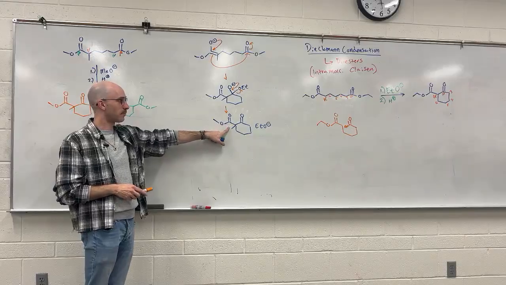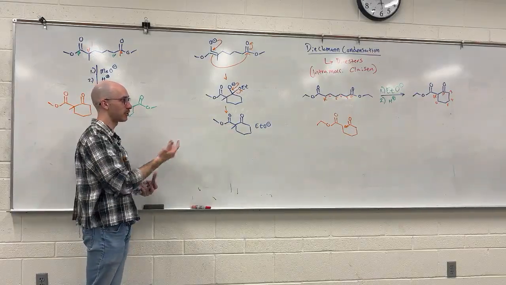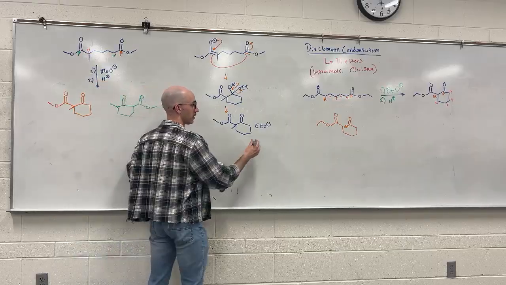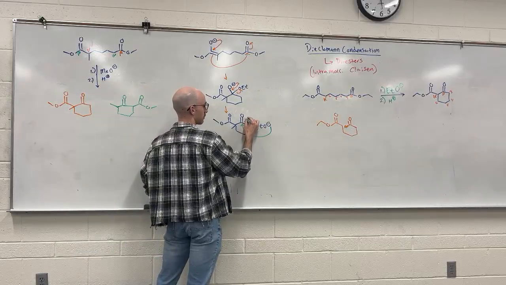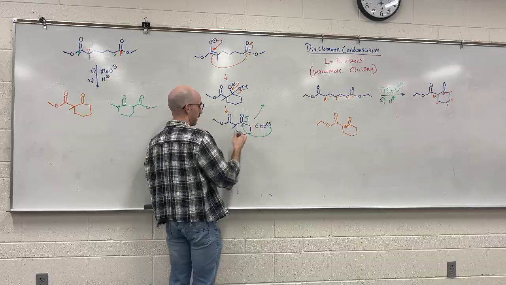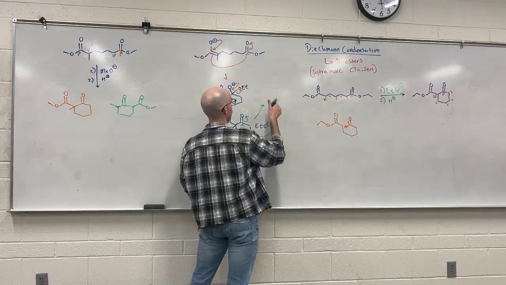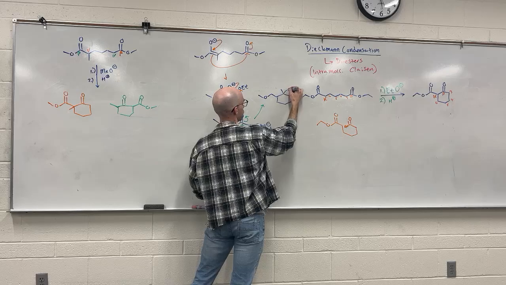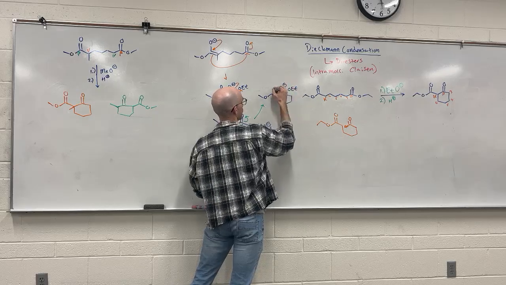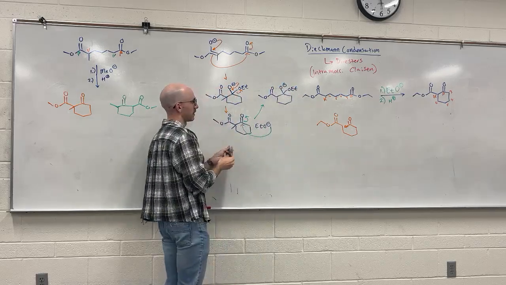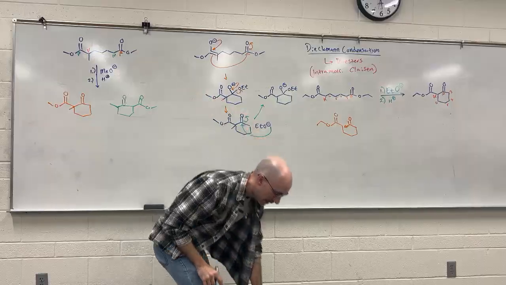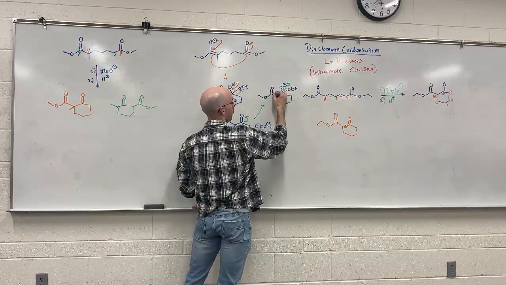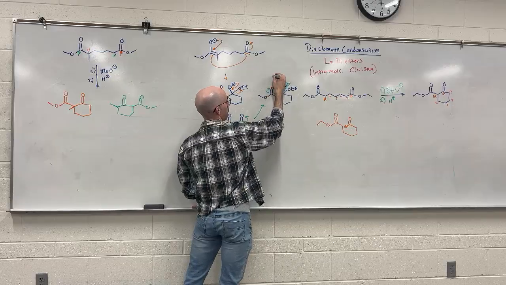I can't do that anymore, which means I now have two carbonyls that are vulnerable to acyl addition. If I run acyl addition here, I end up setting myself backwards in my mechanism, and then I might not kick off ethoxide. I might end up kicking off what was my nucleophile.